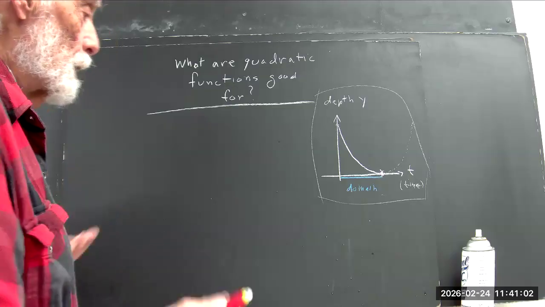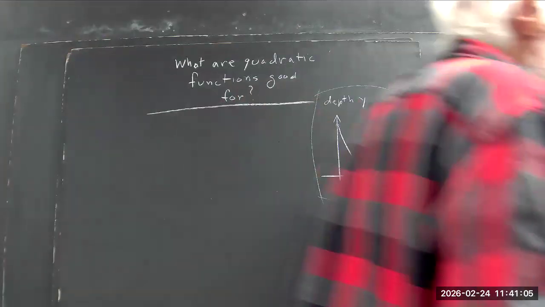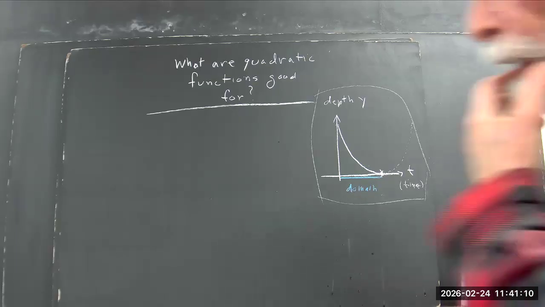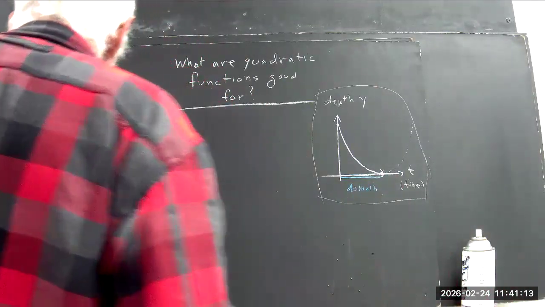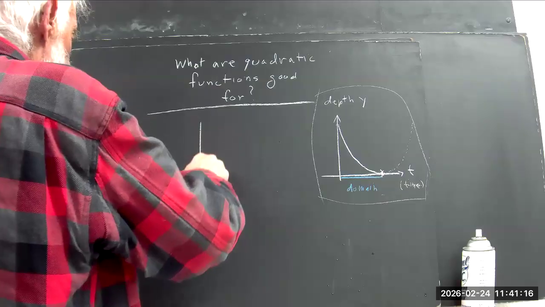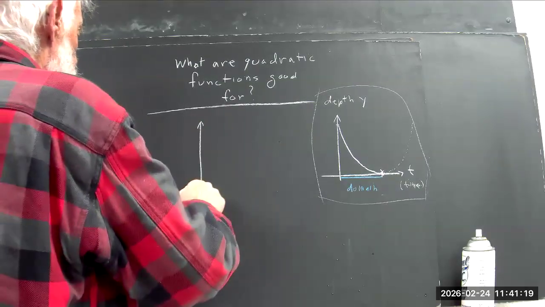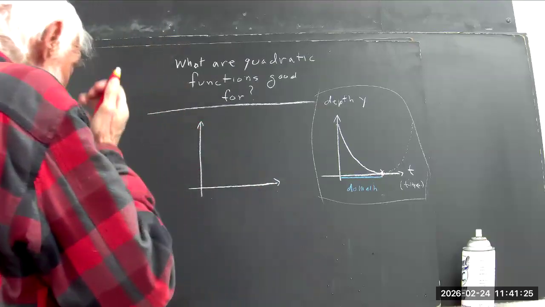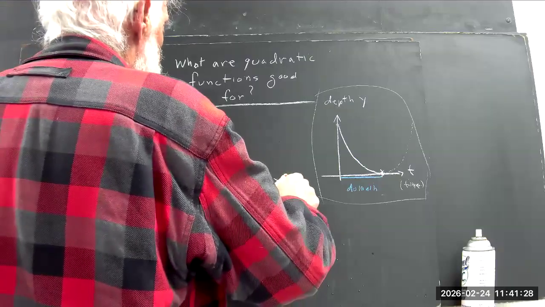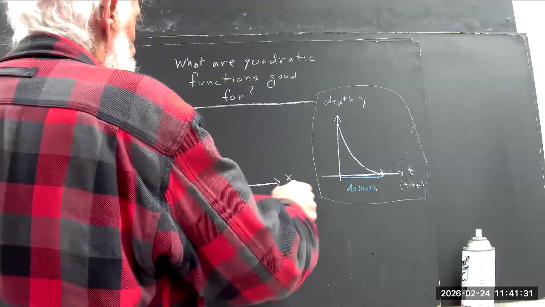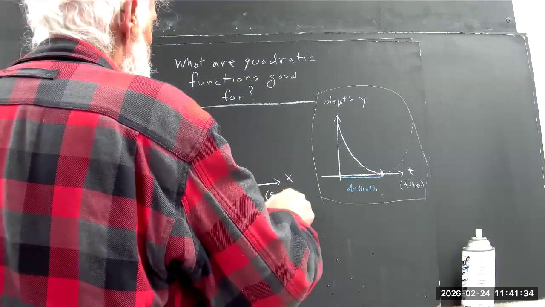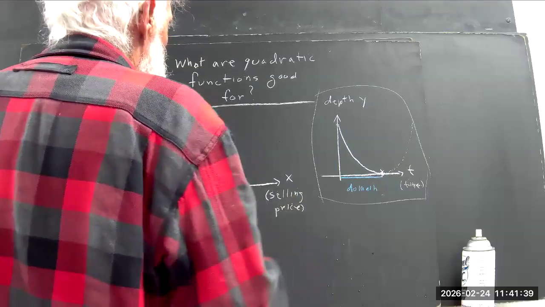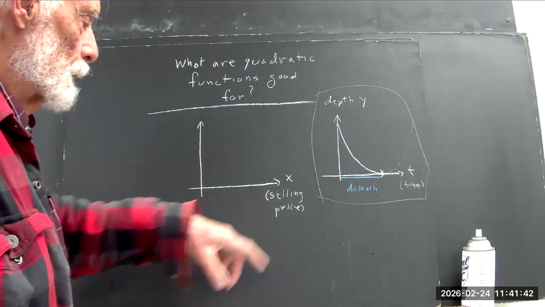Now, there's another model, and it's a very common model, and it's one that I think pretty much every textbook will talk about. And there's a lot of insight to be gained from this model. So I'm going to sketch another graph here. On the x-axis, I've got what I'll call selling price.